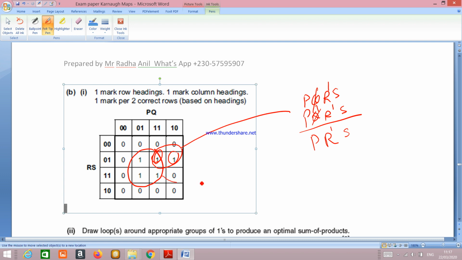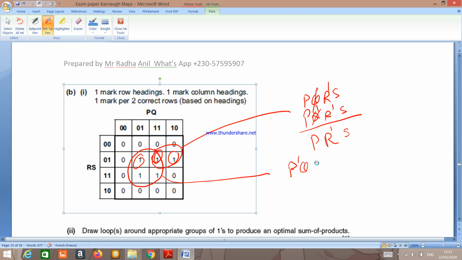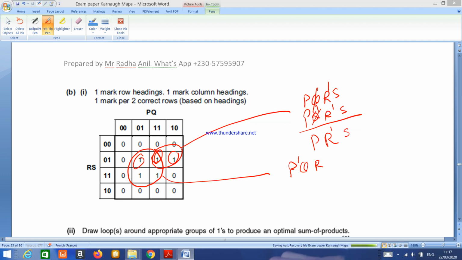Now these four terms, you have to work it out. You will see that the first one is P dash, Q, and R dash S. Okay, this one already done.